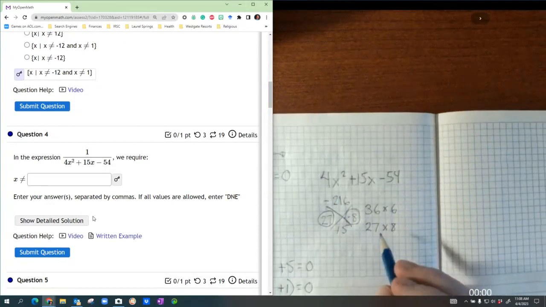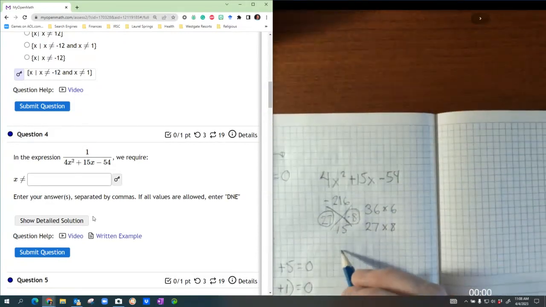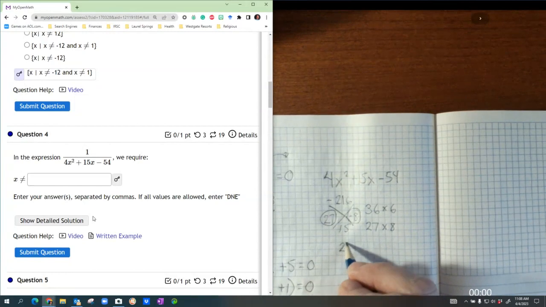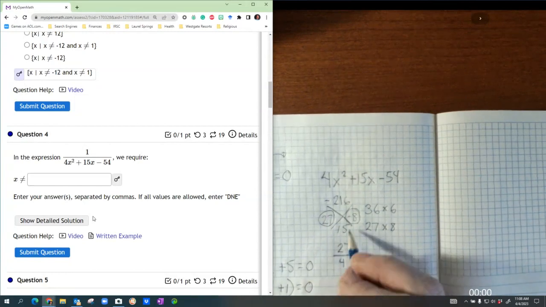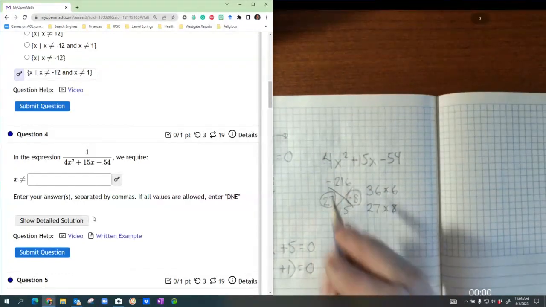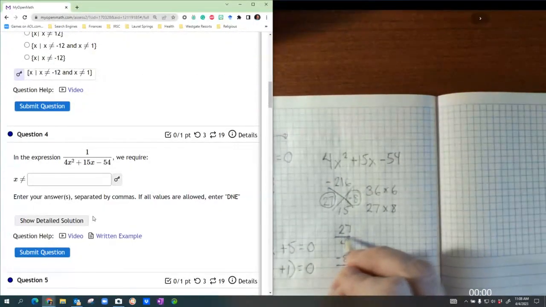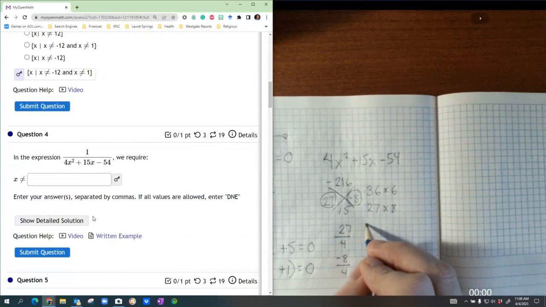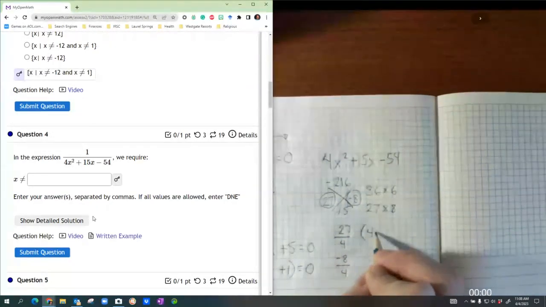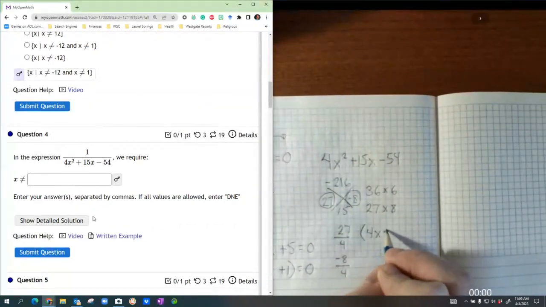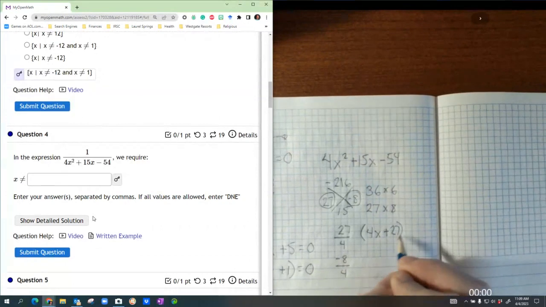Now we take 27 over 4 and negative 8 over 4. This one doesn't reduce at all, so we leave it as 4x plus 27.